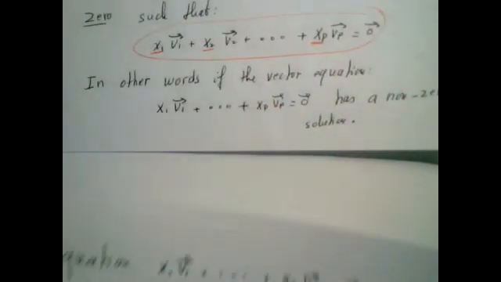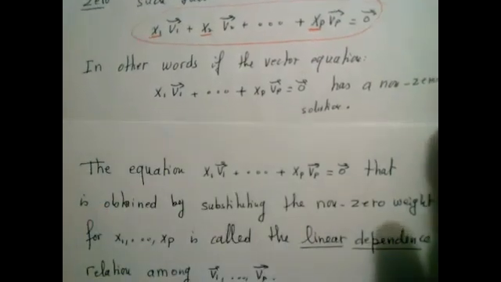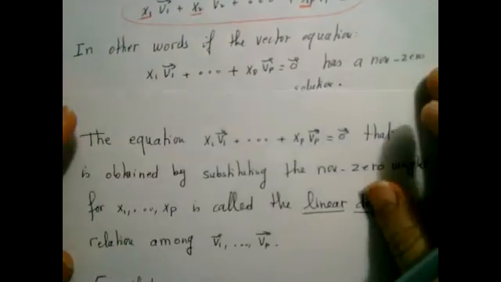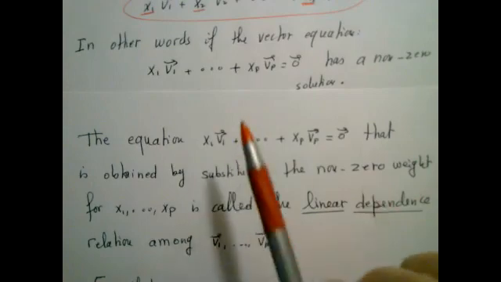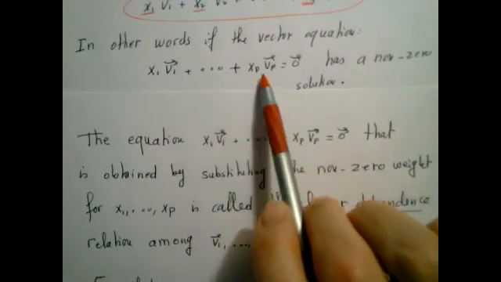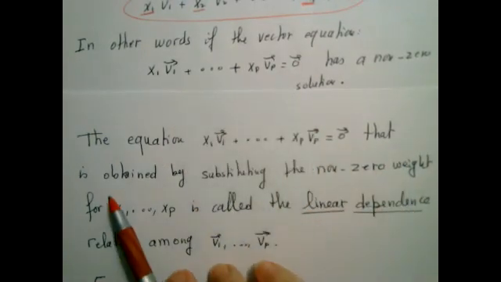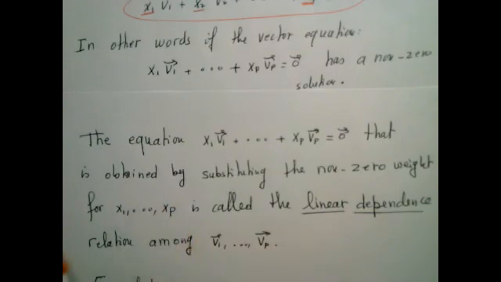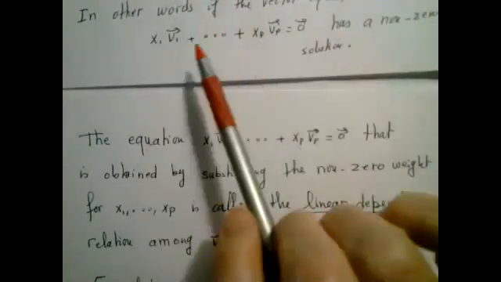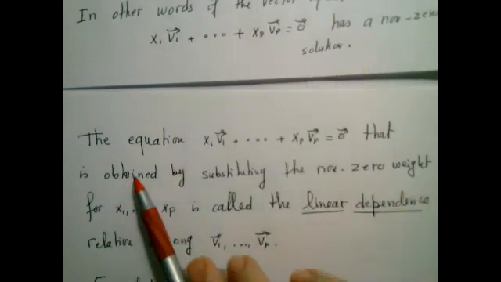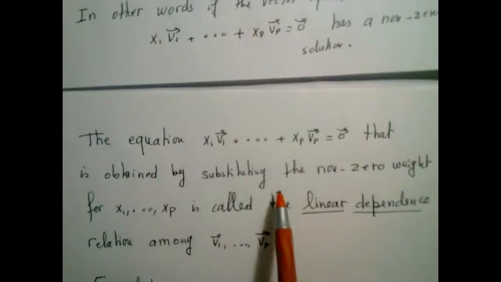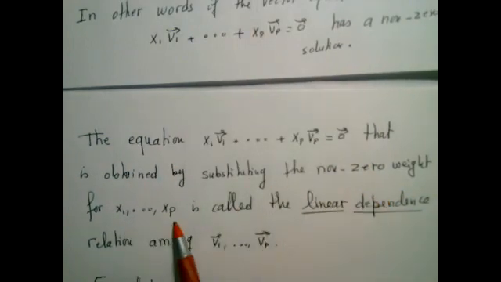Now, there is one more definition that, again, I will make clear as I work out the problems. The equation x1 v1 plus ... plus xp vp equal to 0. Suppose we solve this and we get a non-zero solution. The equation obtained by substituting the non-zero weights is called the linear dependence relation among the vectors.